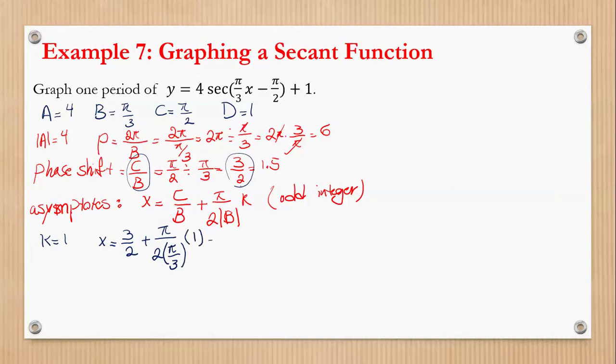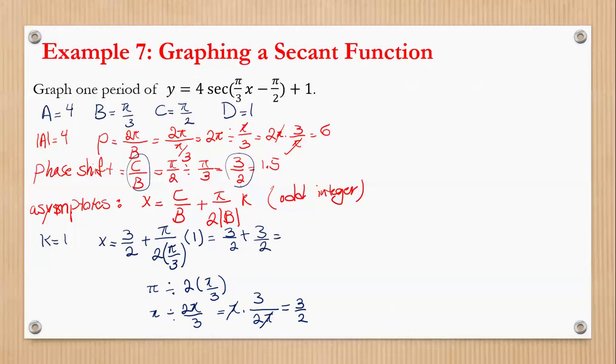If I simplify this fraction, I get 3/2 plus, for this one, pi over 2 times pi over 3, you need to divide it in this form: pi divided by 2 pi over 3. Keep flip change. Pi and pi cancel each other, and we get 3/2. And times 1, which is again 3/2. 3/2 plus 3/2 is 6 over 2, which is 3. So that means my first asymptote is x equals 3.